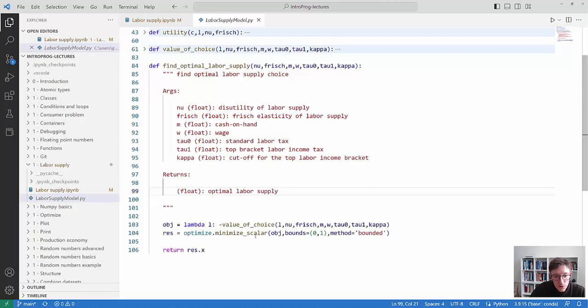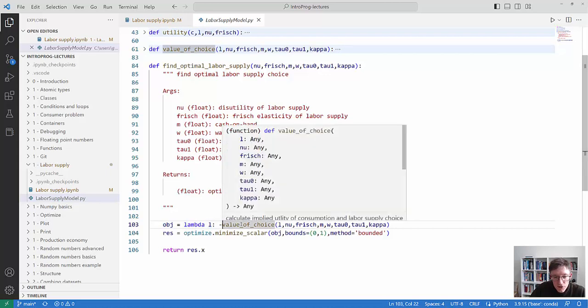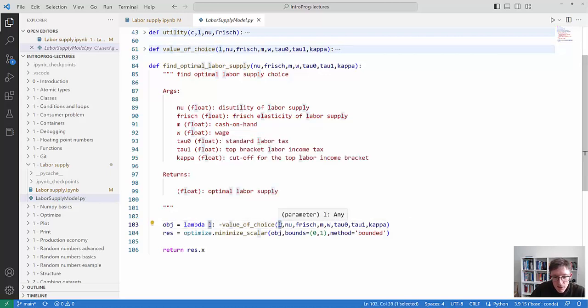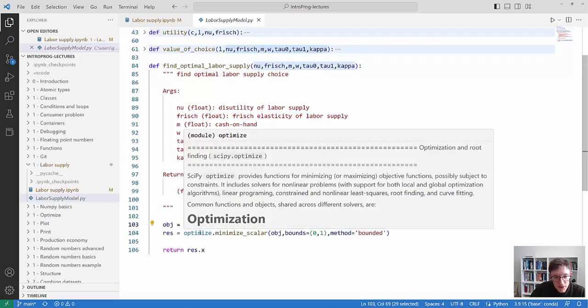And then you can understand how this is done. You can see it's doing that by creating a lambda function, an objective, which is a function only of the labor supply, and it takes in minus the value of choice given this labor supply choice and the parameters. And then it's using optimize, which is a module from SciPy.